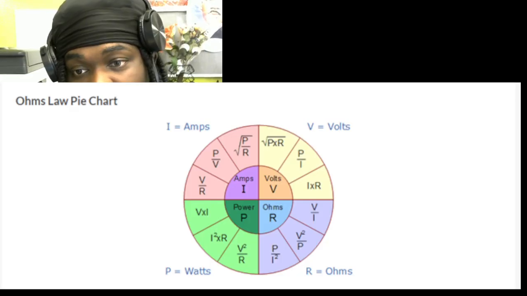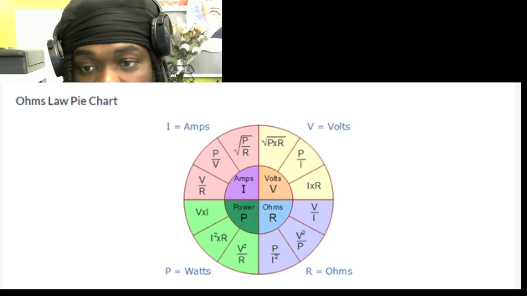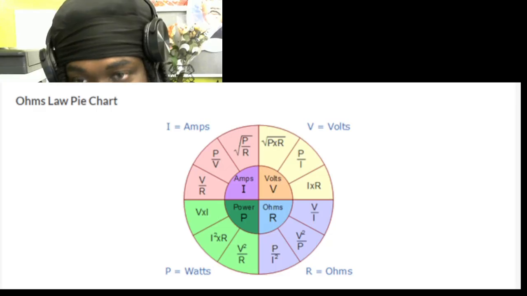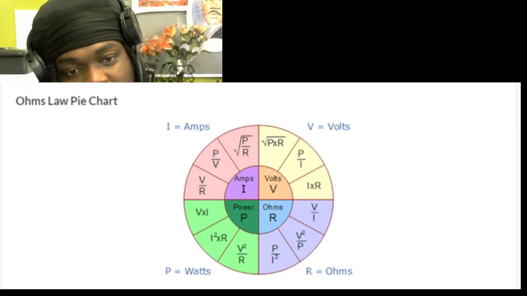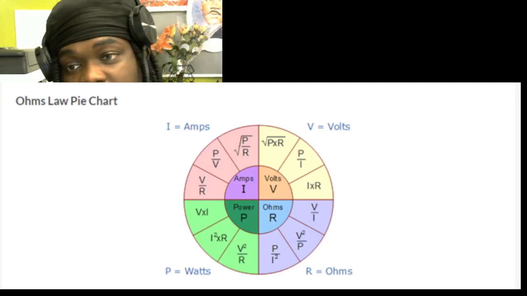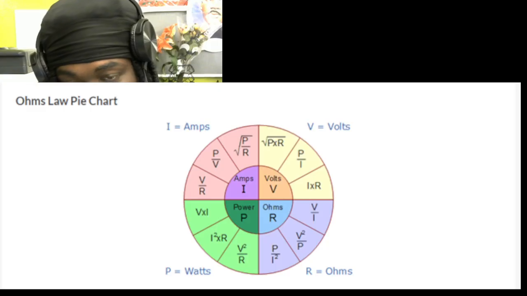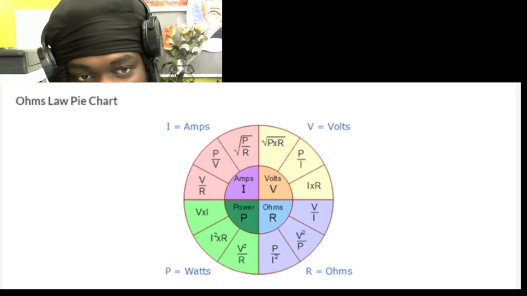So your power here, you want to take that current squared times R. That's telling you to take that 0.00361 amps and square it, and multiply it times that resistor.